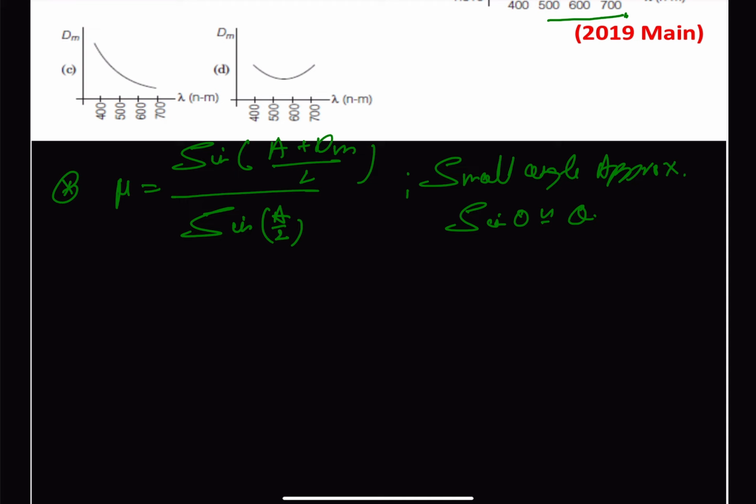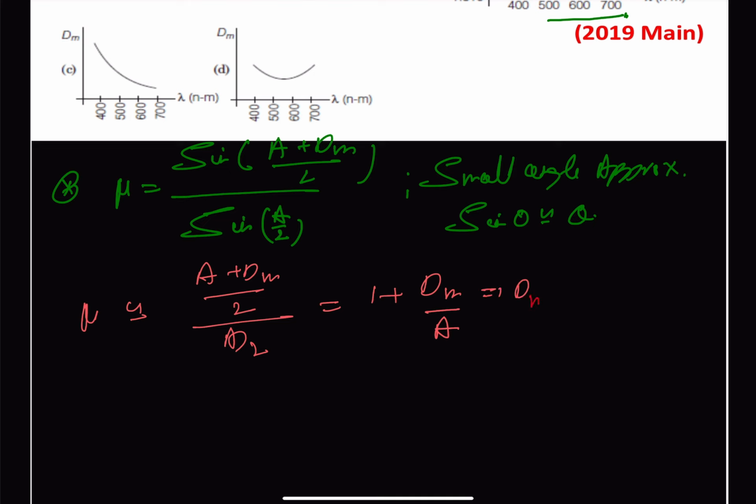So mu is approximately equal to (a plus dm) by 2 divided by a by 2, and this we can write as 1 plus dm by a. From here, dm, the minimum deviation, will be approximately equal to (mu minus 1) multiplied by a.